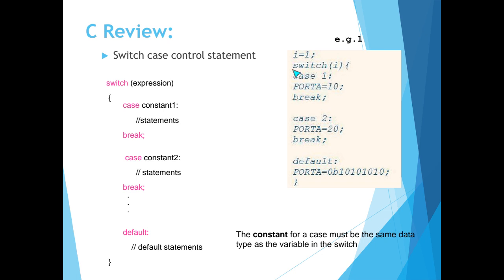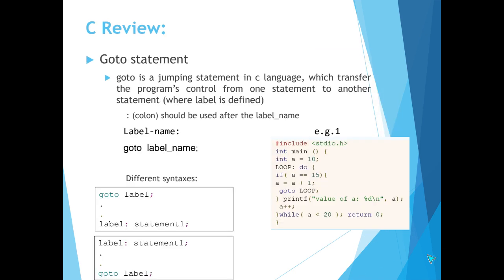For example, as you see with switch case control statements, we are using only one curly brace, or on the other hand, one pair of curly braces, meaning that one of them is used for opening and the other for closing our switch case control statement. The other type of control statement is the goto statement.